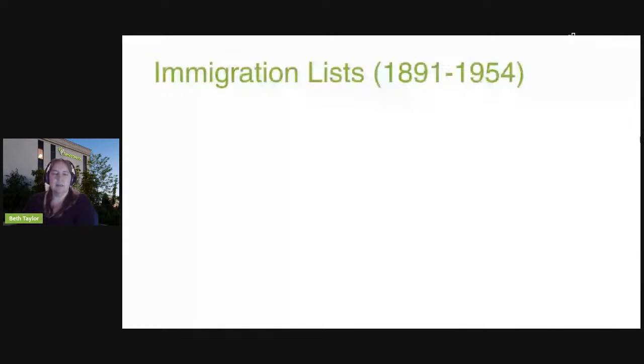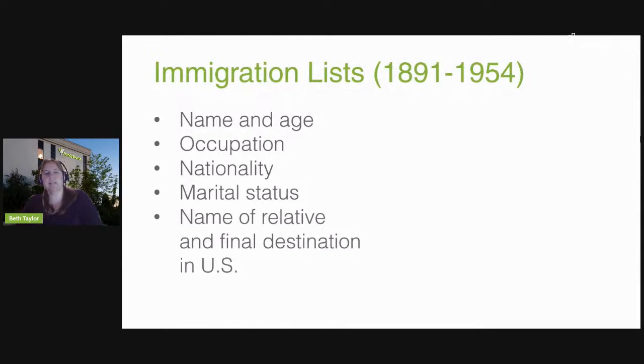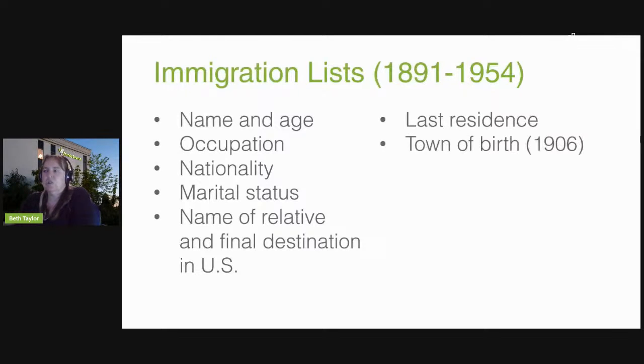The other time period that we have passenger lists are those post-1891 immigration lists, and these have a lot more detail. So that 1891 Immigration Act actually said, okay, we want to gather a lot more detail about these immigrants. So the name and age of the person, their occupation, where they came from, their marital status, the name of a relative and their final destination in the United States, their last residence, their town of birth.